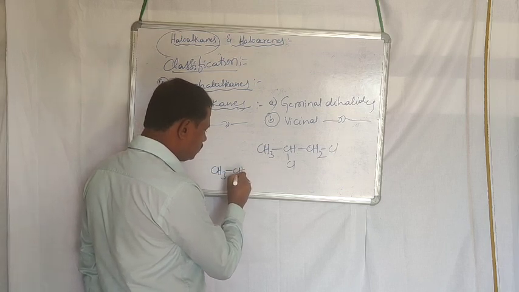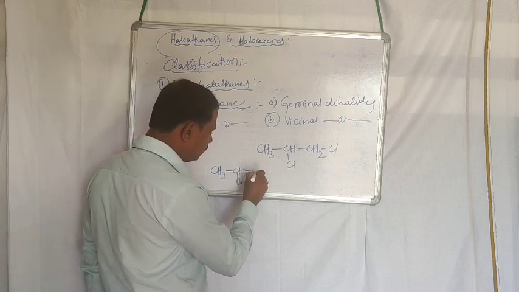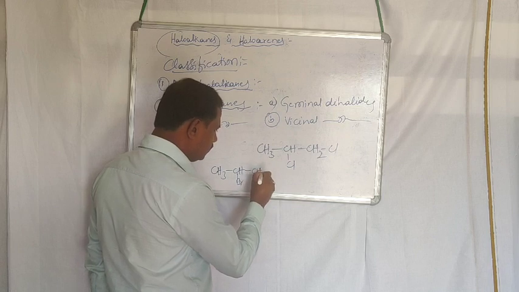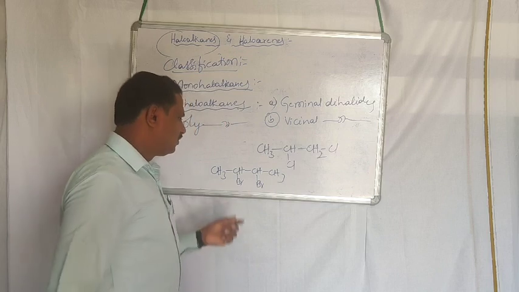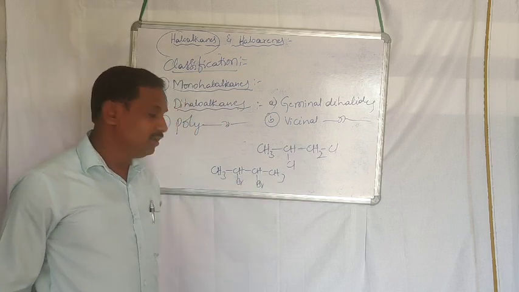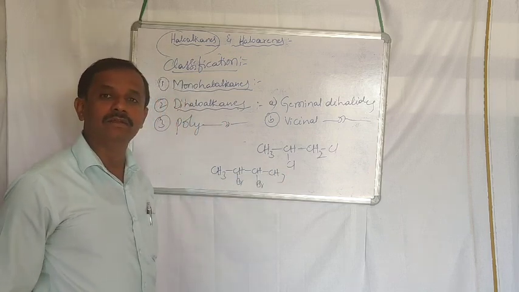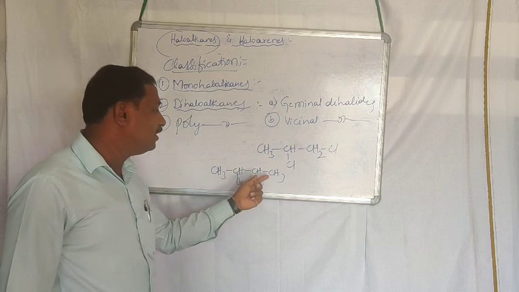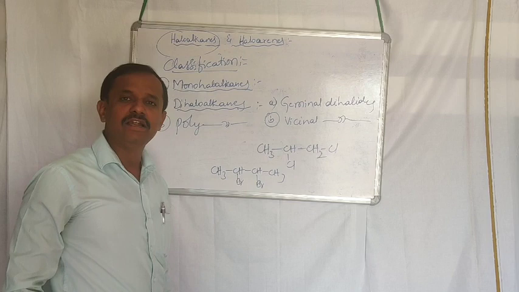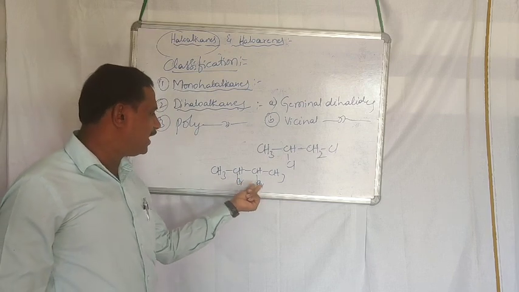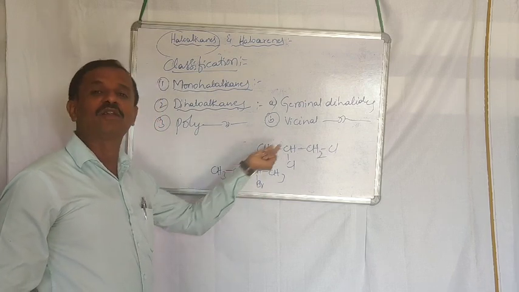Another example is CH3CHBrCHBrCH3, that is 2,3-dibromobutane. It is also a vicinal dihalide because two bromine atoms are present on adjacent carbon atoms.